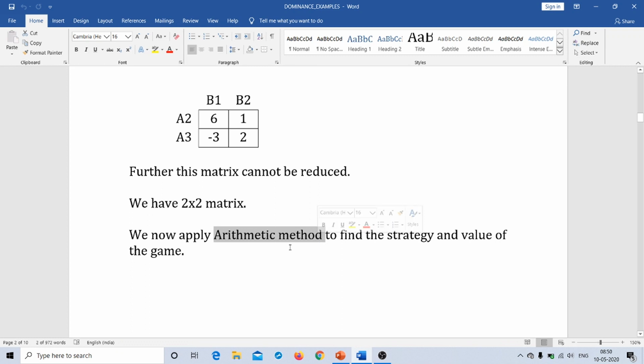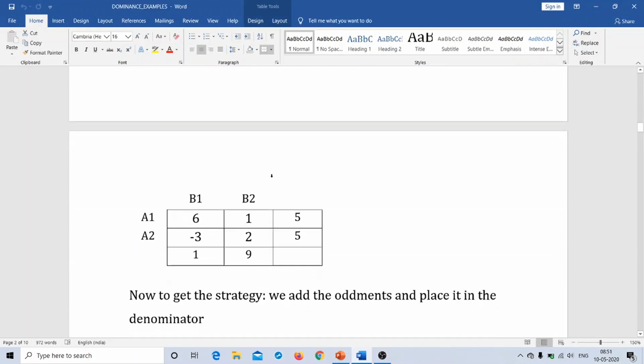But irrespective of the method you adopt, please understand the strategy and the value of the game will not change. So I'm going to apply the arithmetic method to find the strategy and value of the game for this particular payoff matrix. Okay, so this is what I get, right?